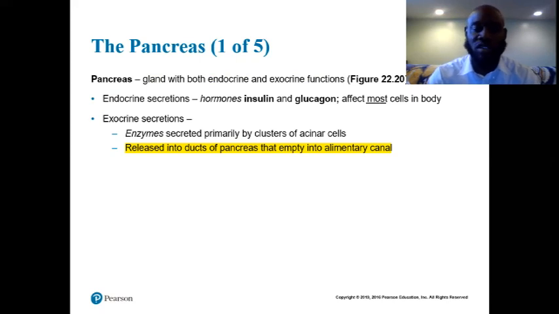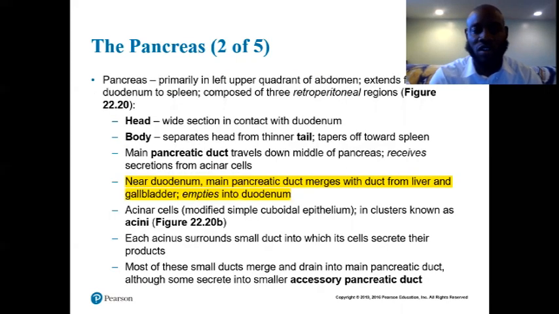It can affect most cells in the body. We talk about those when we talk about metabolism. Exocrine: secretions, enzymes secreted primarily by a cluster of the acinar cells and released into ducts of the pancreas that empty into the alimentary canal. And we've talked about where these enter already, near the duodenum.